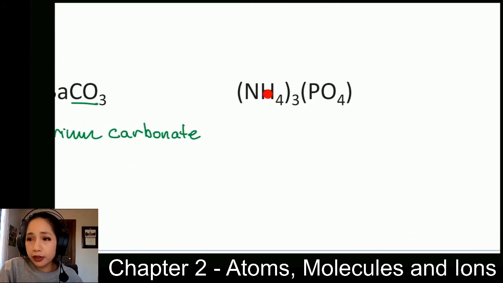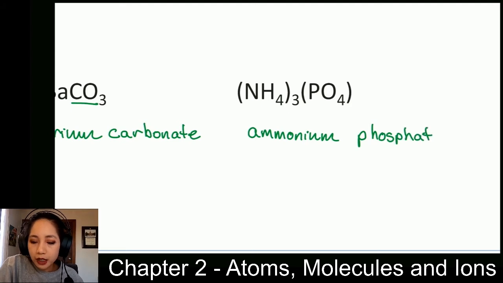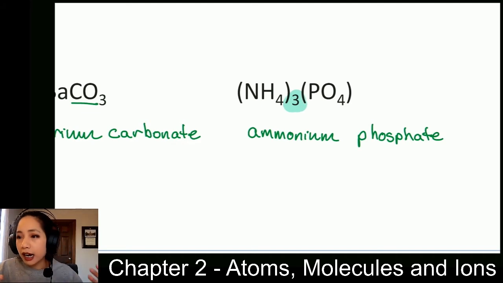Both this cation and this anion are polyatomics on our list. NH4 plus is ammonium, just on our list, and then our PO4 3 minus, this is phosphate. So it's just ammonium phosphate. And again, see how I did not say tri-ammonium or ammonium 3.